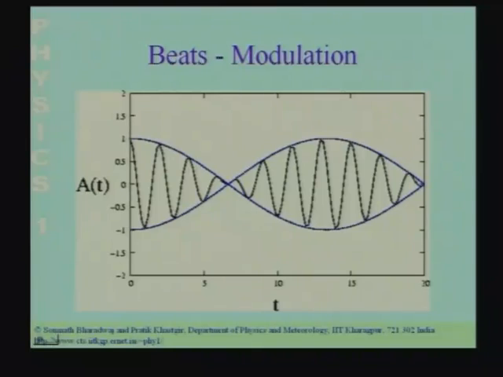The amplitude essentially goes up and down slowly, and the time period of this variation is inversely proportional to the difference in the frequencies, and this is also referred to as the modulation of the amplitude. So, this was the phenomenon of beats.